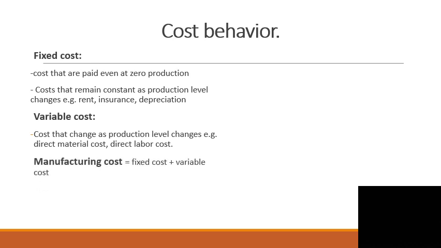Now, from what we have seen, manufacturing cost is equal to fixed cost plus variable cost. But in general, we have classified our cost into 5 different groups. Initially into 3.